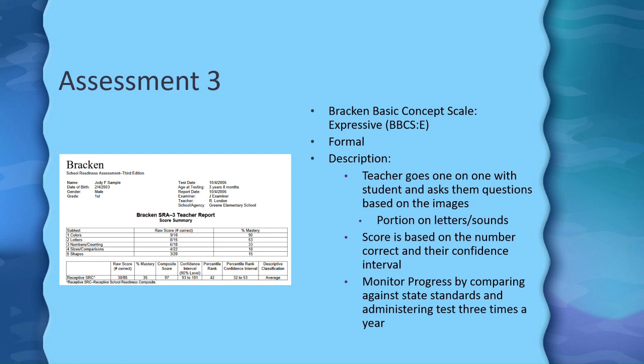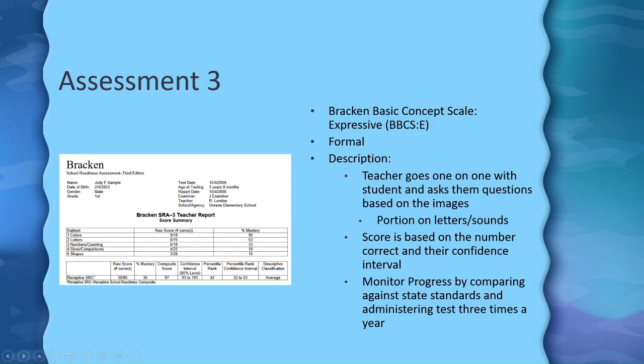The score is based on the number of correct answers and also their confidence interval, which we talked about a little bit before, how quickly the student answers and whether it's automatic or not. And then progress is monitored by comparing them against state standards, and this one can be administered 3 times a year just to have a good data set to compare their progress with.